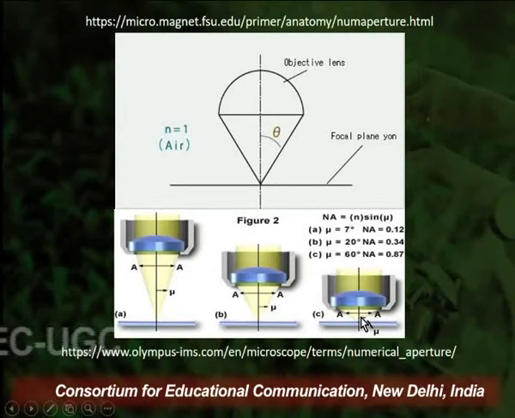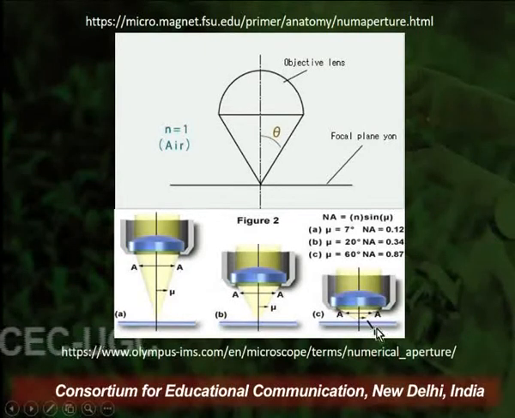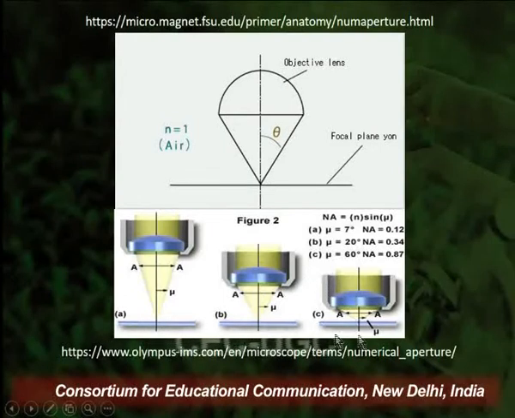Applying that principle, sine 90 is 1. So the maximum value for sine alpha or sine theta could be 1, and the refractive index of the medium in which our objective lens is placed will determine the value of numerical aperture. So if the objective lens is in the medium air, the refractive index will be 1 and the value of numerical aperture would be 1.